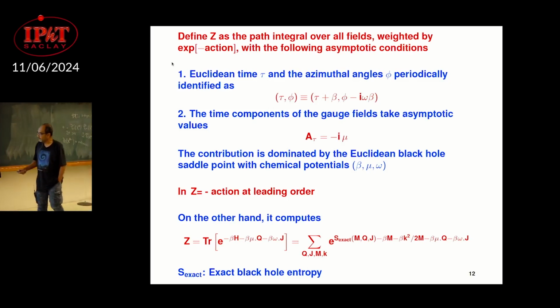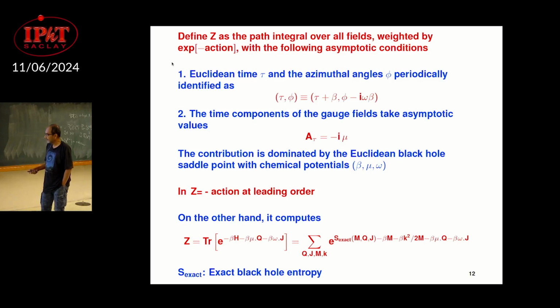Okay. So if we expand out the trace, we see that what it computes is the sum over all charges, angular momenta, mass, and the momentum, weighted by these factors e to the minus beta M. See, H I have now written as M plus k squared over 2M, because the black hole mass I am assuming to be large, so the non-relativistic formula is good enough.